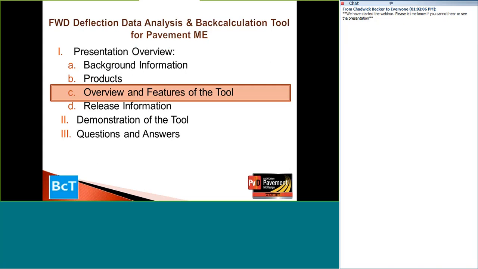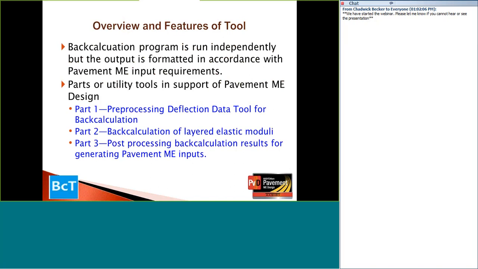So now an overview of some of the features of the tool itself. The back calculation program, again, is run independently, so it's not directly a part of the pavement ME rehabilitation design package, but the results from the back calculation tool are formatted in accordance with the pavement ME, so we can use those in automatically setting up a pavement ME design run, and we'll demonstrate that later.